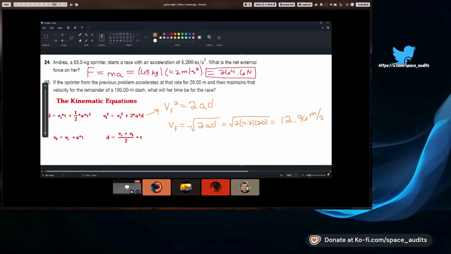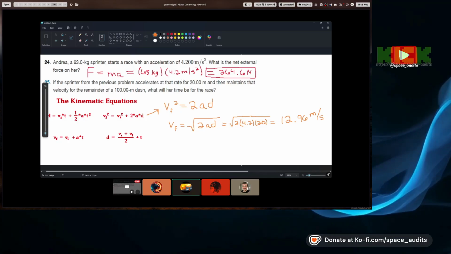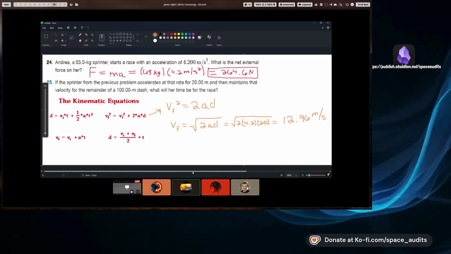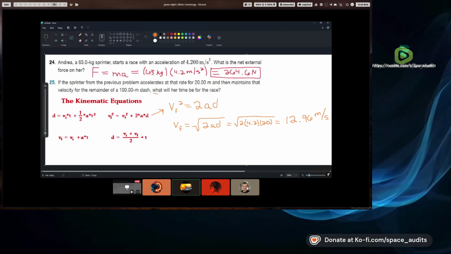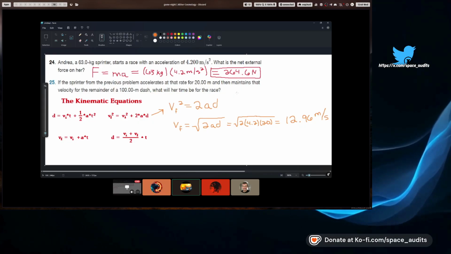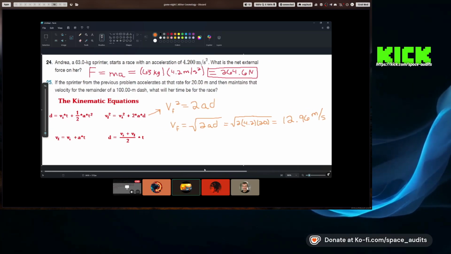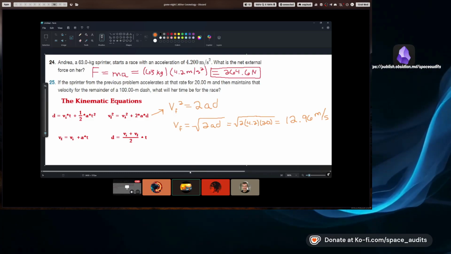Now, that's the velocity we're going to travel for the next 80 meters as well. So what's it asking us? It didn't ask us for velocity. It asked us what will be her time for the race. So we know that we've got two different legs of the race.